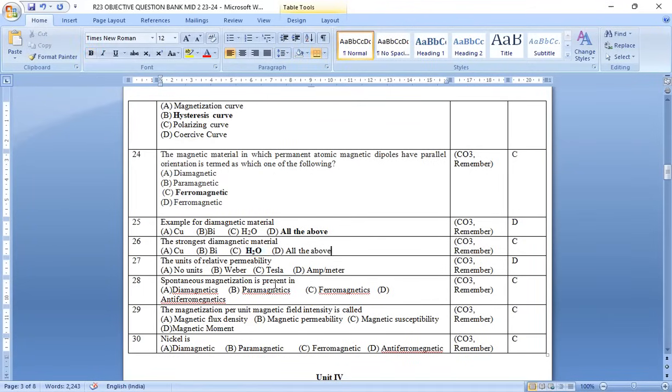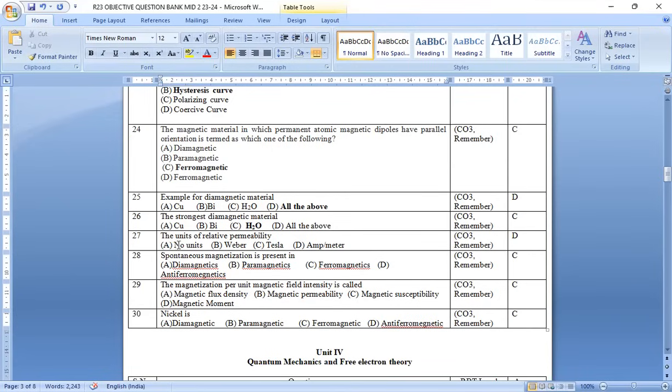And then coming to the units of relative permeability: no units. Not weber, tesla, or ampere per meter. Relative permeability is nothing but mu r. Option D is the right answer.